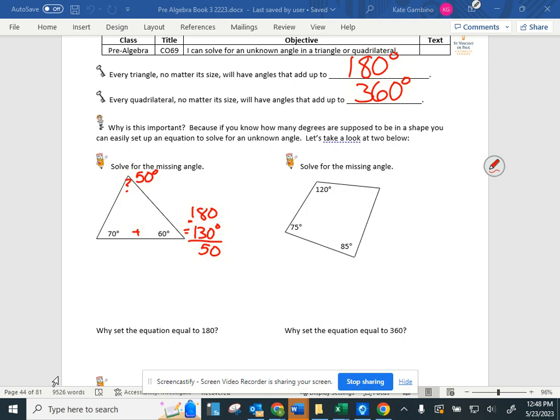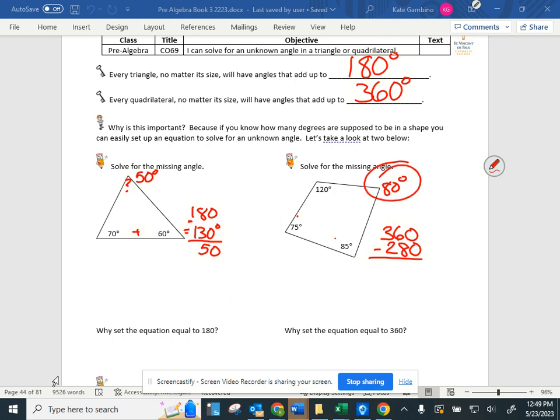How did you get 80? 120 plus 75 would be 195, plus 85, 280, thank you. And then you do 360 minus 280. So Priya added all three up. She subtracted them from the 360, and she gets the 80 degrees.